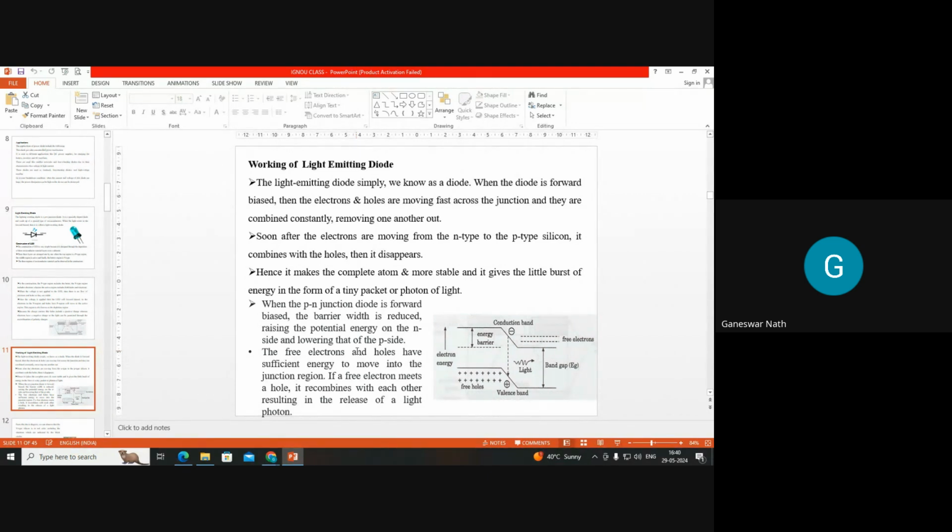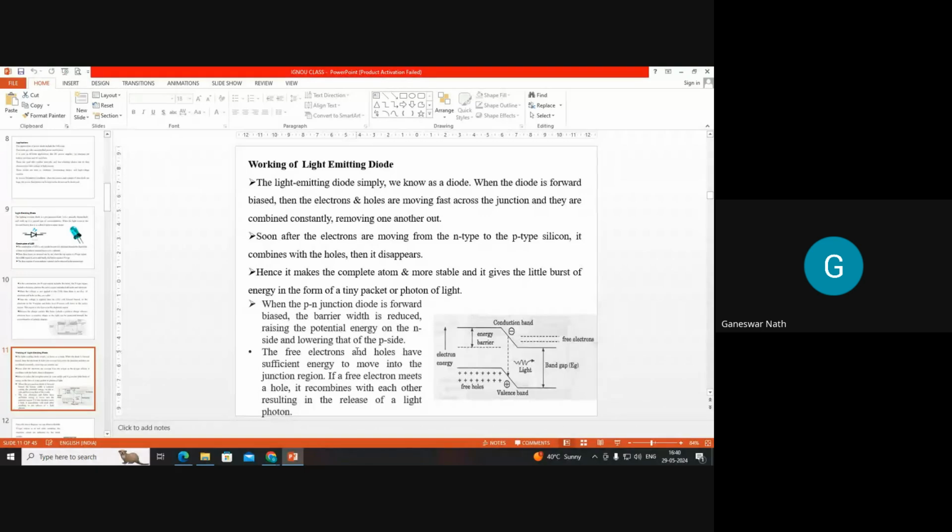These charge carriers move from the high concentration region to the low concentration region, so the charge carrier concentration determines in which direction the charge will flow.